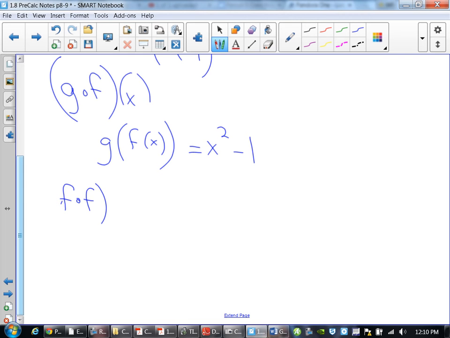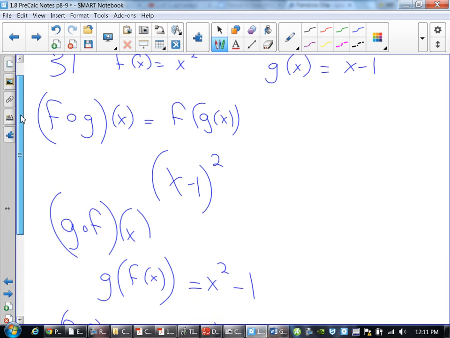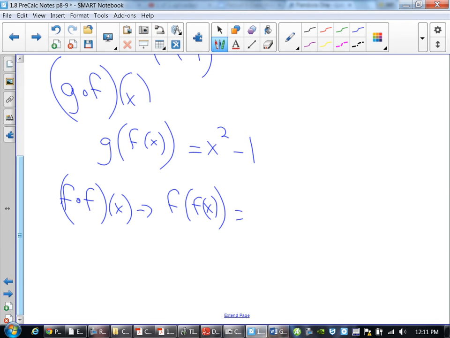F of F of X. Remember, this means F of F of X. So I'm going to take the F of X equation and put it in for itself. The F of X equation was X squared. So I put that in for X, and then I square it, and you get X to the 4.